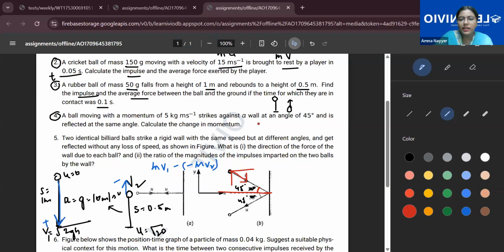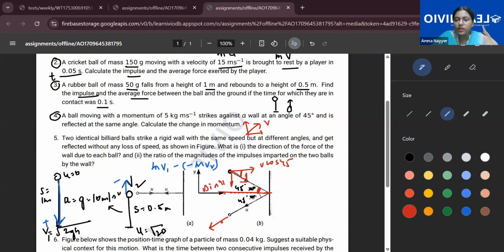Whenever you have any vector, what did we study when we were studying the resolution of vectors? Main vector is there, other vectorial components will be associated with it. So right now here, this is how we'll resolve. Now, since this angle is given, this angle will also be 45 degree. This will give us V cos 45 degree. This will give us V sine 45 degree. Similarly, this velocity is directed like this.